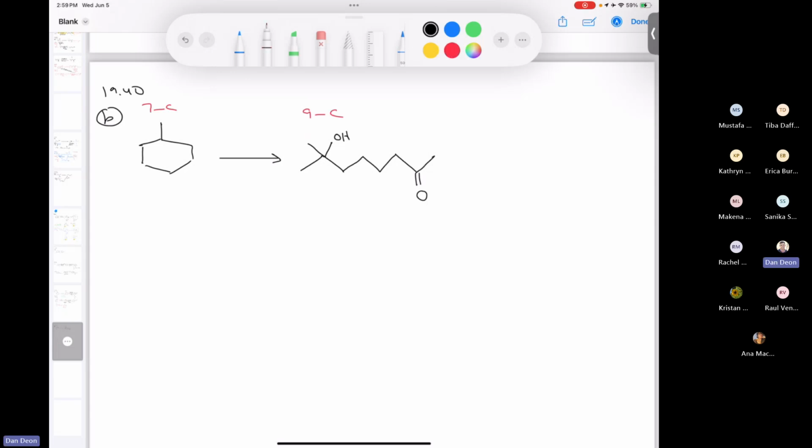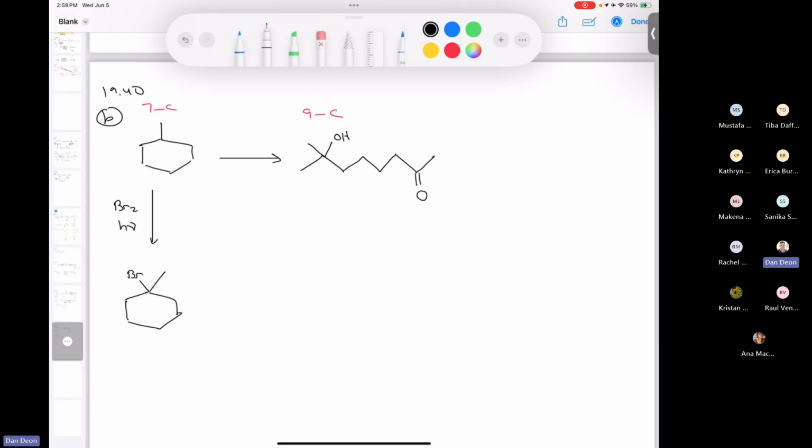So we know the first step has to be bromine and light. There's nothing else we can do. And so that's going to give me this compound, right?